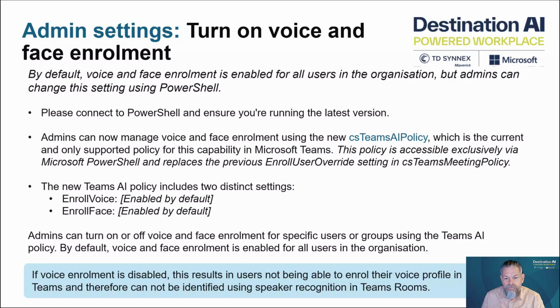Make sure we're running the latest Teams admin module within PowerShell itself. Then we can run the new CsTeamsAIPolicy, which allows us to configure these two things. So, enroll voice enrollment and enroll face enrollment are already enabled, but not for all organizations. So you may want to go and verify that that is working.